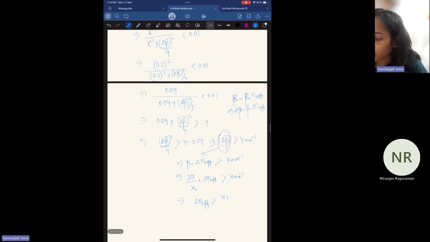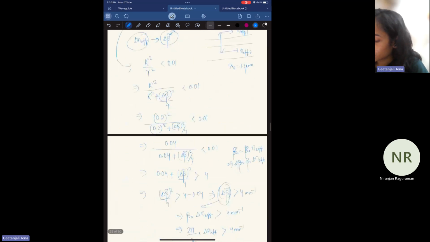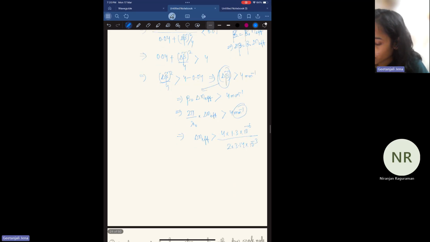Lambda 0 is given as 1.3 micrometer, which is 1.3 into 10 to the minus 6. With that, using 3.14 and 10 to the minus 3 for the millimeter unit, this will come around 8 into 10 to the minus 4.